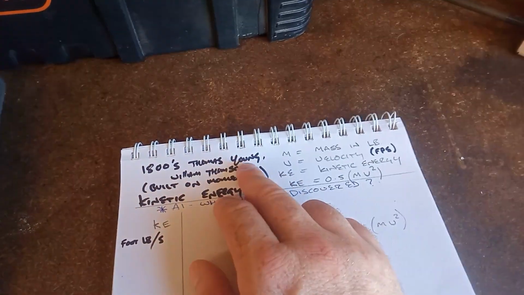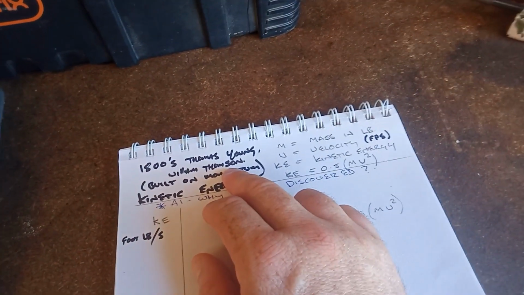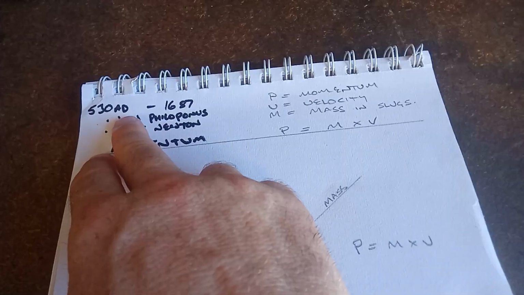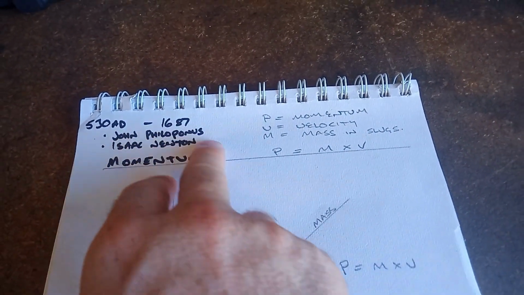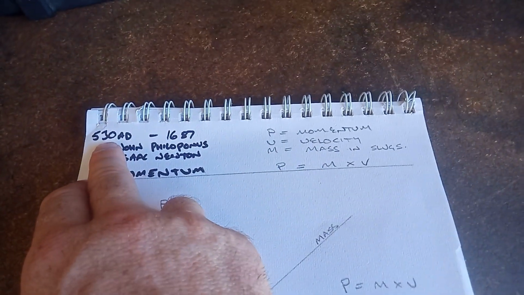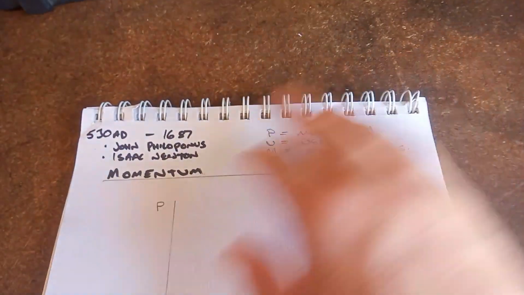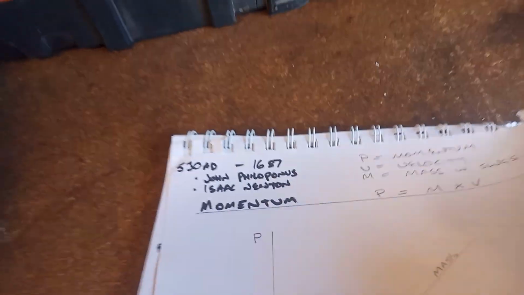And as we can see, this is a newer science. So if we go back to the graph on momentum, you can see that the idea of momentum grew from a very long time ago up until the mid to late 1600s with Isaac Newton's work.